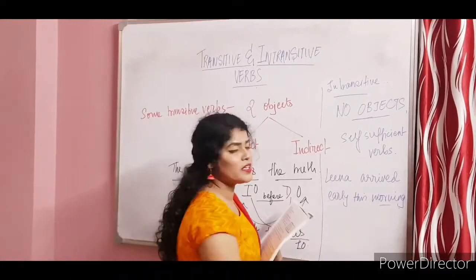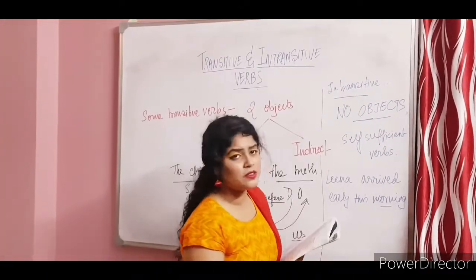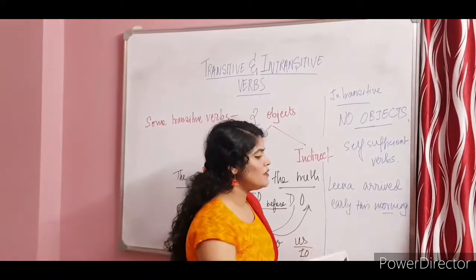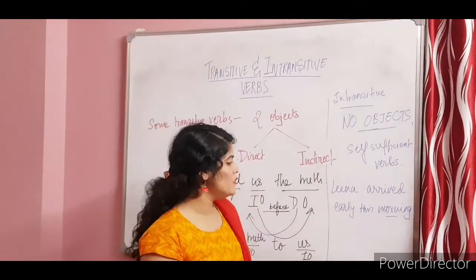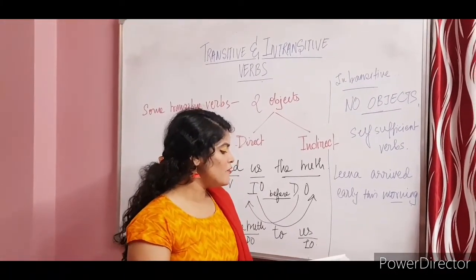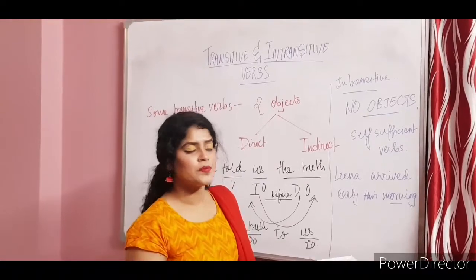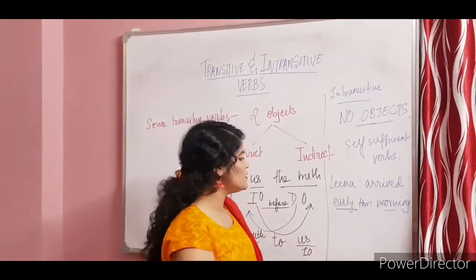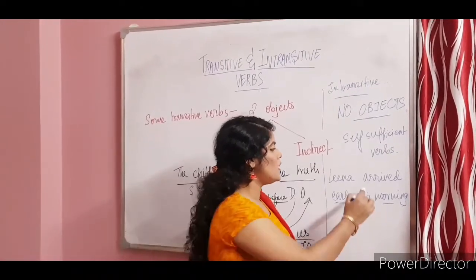And morning over here does not even qualify as a noun. This is an adverb over here. Early this morning. Okay, so Lena arrived early this morning. Early is over here, the adverb. So this is demonstrating this.